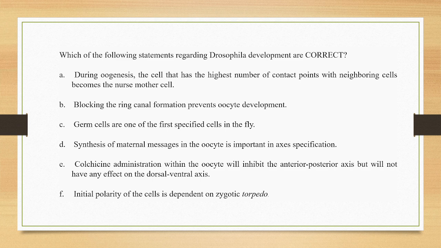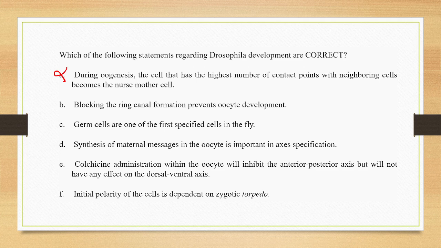No, there is nothing such, because the cell that becomes the oocyte is determined by specific mechanisms. It is not simply dependent upon the contact points with neighboring cells. So this is a wrong statement. Then, blocking the ring canal formation prevents oocyte development. Yes, it is true.